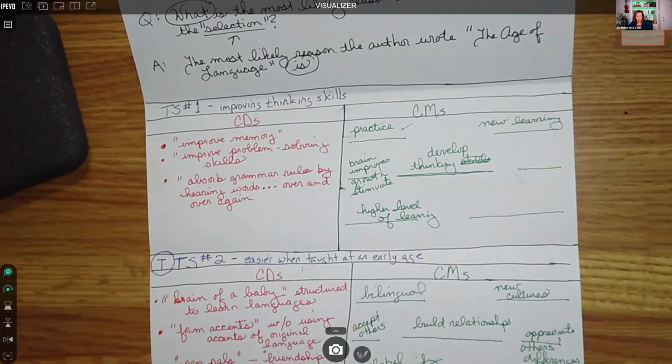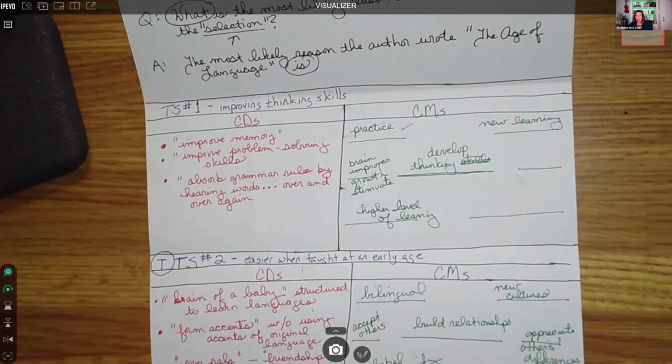So let me share with you. I'm going to just come up here because I don't have time to write it out with you. So I'm going to come over here and I'll make this bigger so that you can see it.